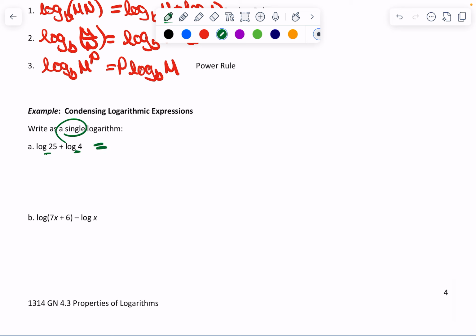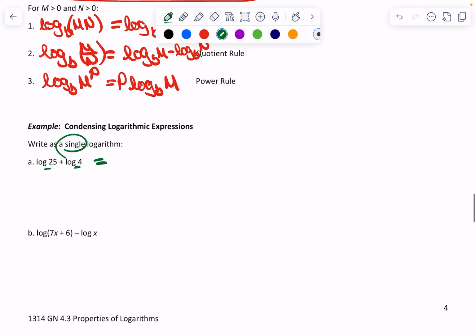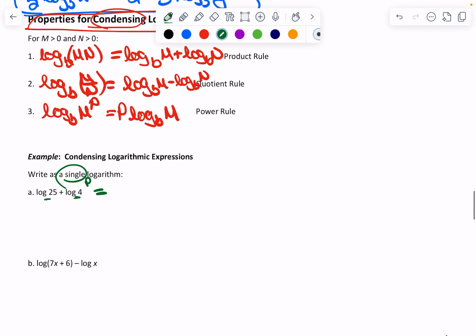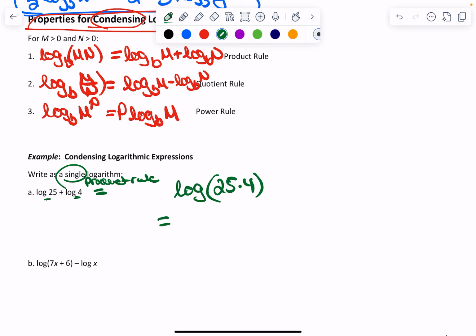So since the bases are the same and it is an addition, we are using the product rule backwards. So we're going to rewrite it as common log of 25 times 4. Well, 25 times 4 is the same thing as 100.